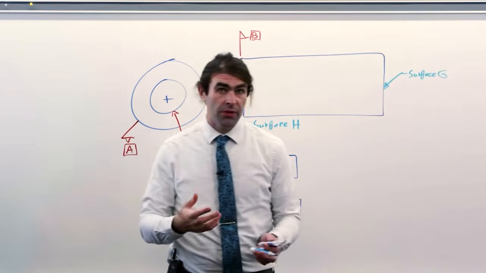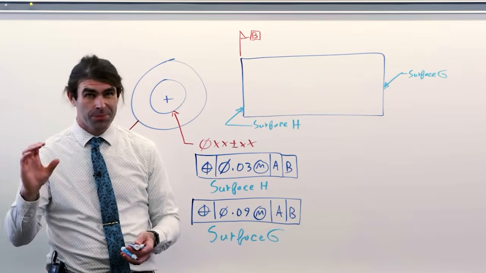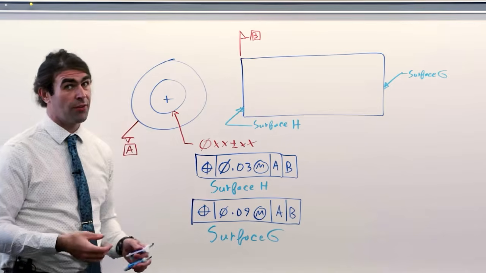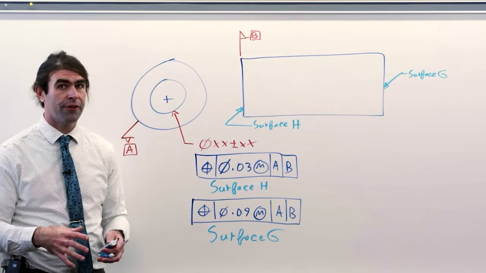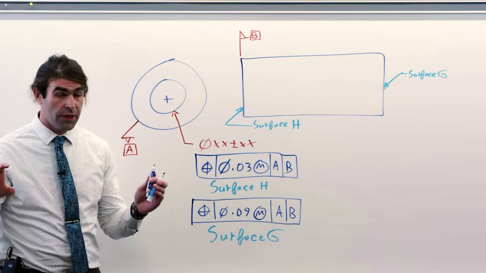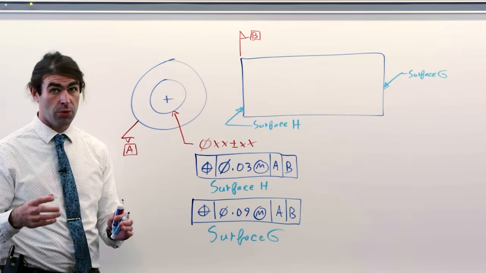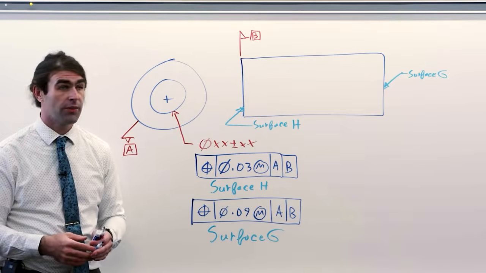So in the ASME standard, this is called closer control at one end of a feature. It really is only like a paragraph and I think only one figure. And like I said, I've never seen it on a drawing. This isn't really supposed to be used for conical features. It's really for cylindrical features that have a conical tolerance zone. If you're trying to dimension a conical feature, I just use profile of a surface.